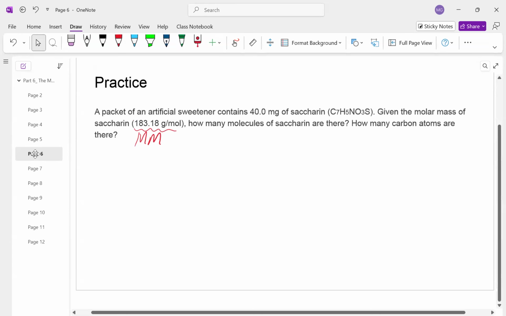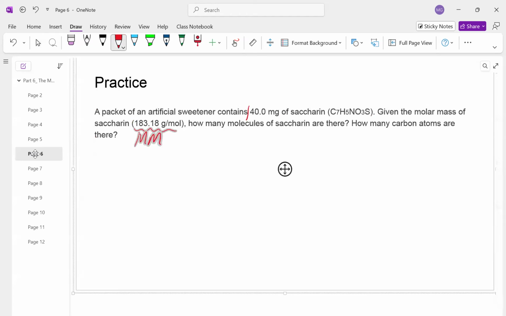Okay, so it's asking for how many molecules of saccharin there are. If I'm given the mass to begin with, the only way that you'll be able to go from any mass to moles is to use molar mass. So let's start with what we're given. 40.0 milligrams of saccharin. I'll just abbreviate saccharin like that.